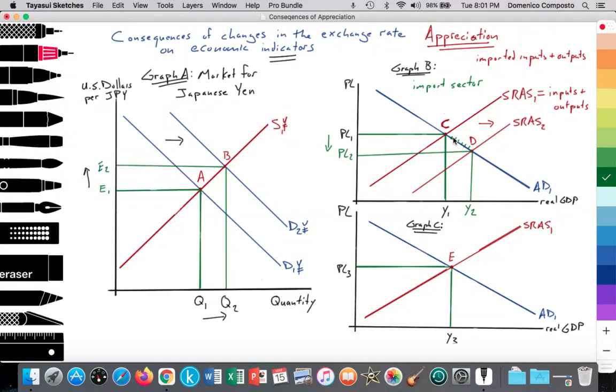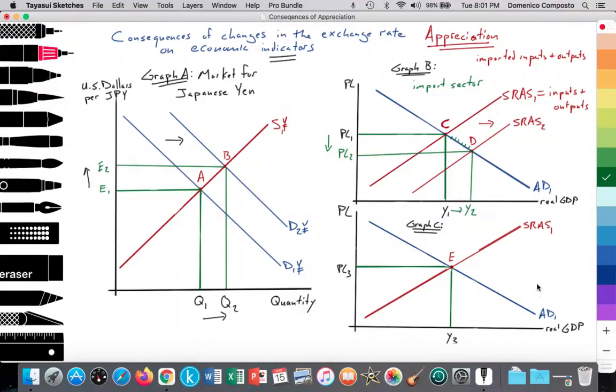Due to the rise in the quantity of aggregate demand, there'd be more demand for resources like labor in the import sector of the Japanese economy, which would contribute to an increase in real GDP from Y1 to Y2. So that's an impact on macroeconomic indicators as a result of a strong Japanese yen.